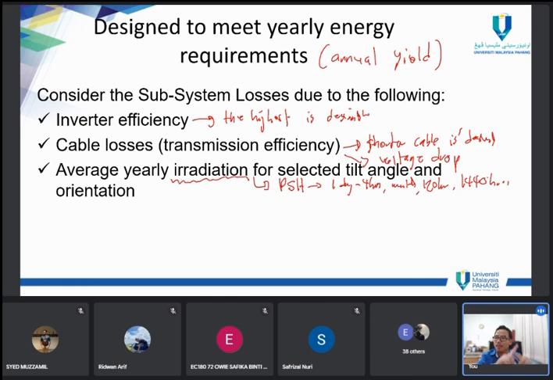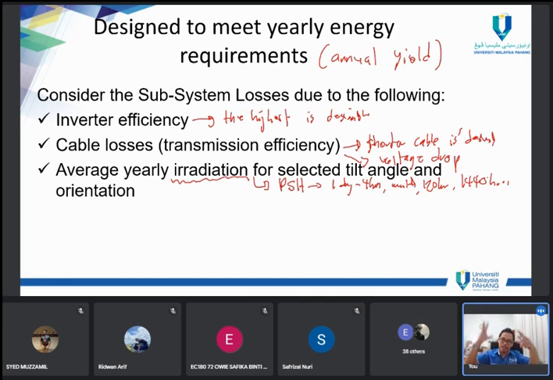If you have good irradiation but you are surrounded by nearby buildings, trees and forests, high buildings, a lot of shading, it is still not suitable for PV installation. Even though you have the irradiation data, the effective irradiation will be deducted by the total shading of that particular area.